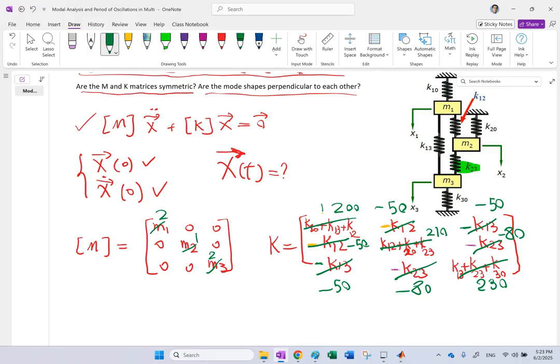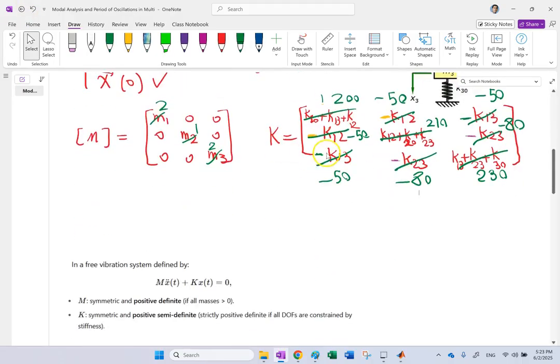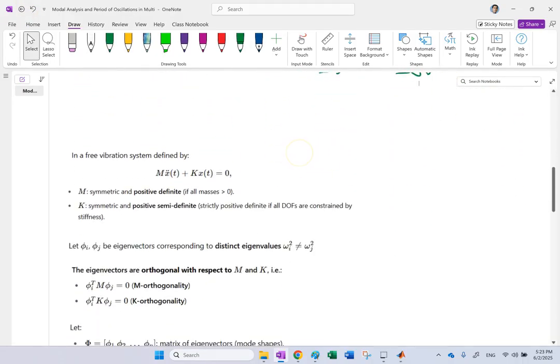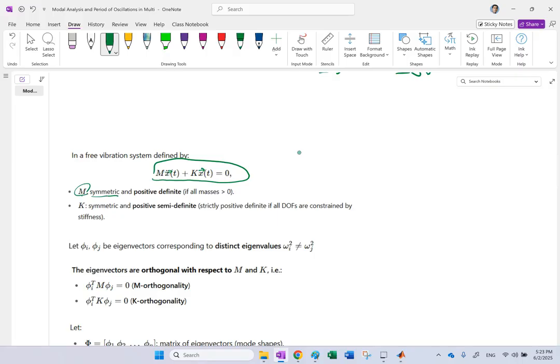And one thing that I mentioned, and let me tell you right now, is that in any free vibration multi-DOF system, which has a governing equation like this, where this X is a vector and the X double dot is a vector, the M matrix is always a symmetric matrix and positive definite.